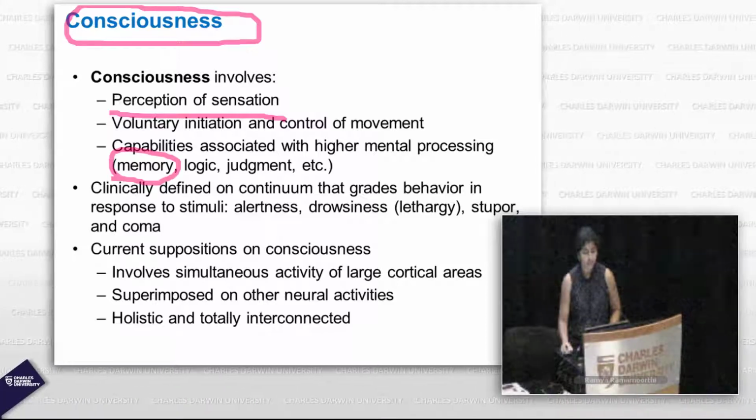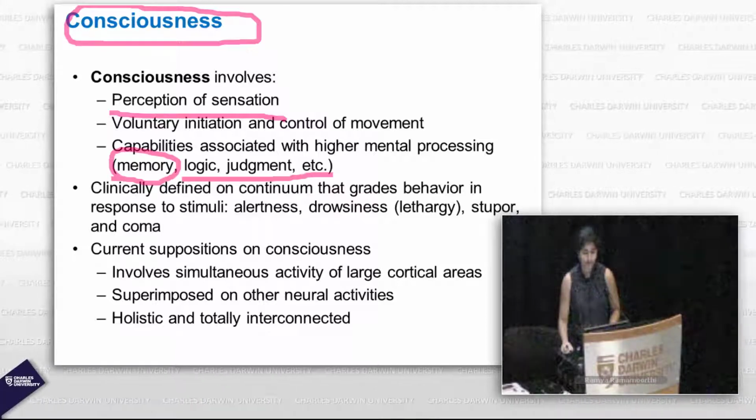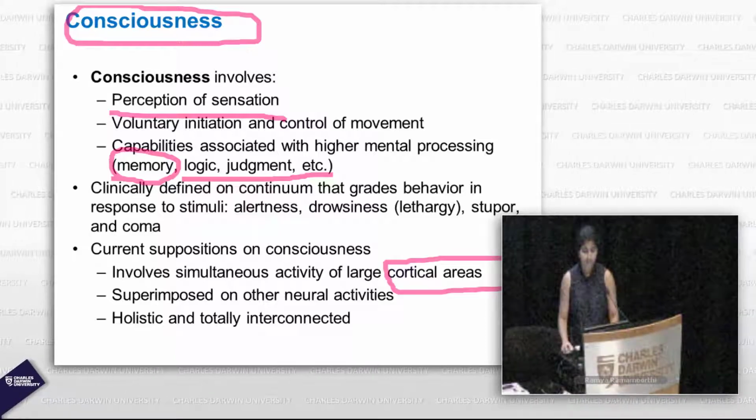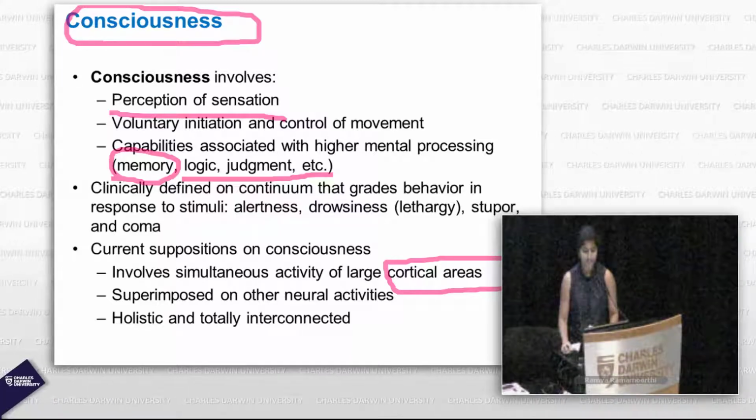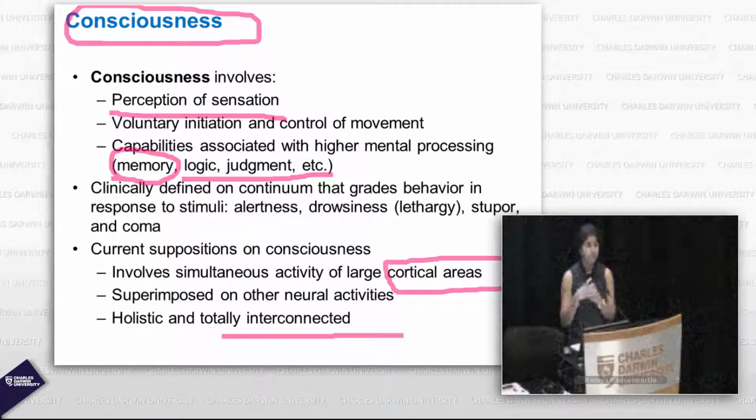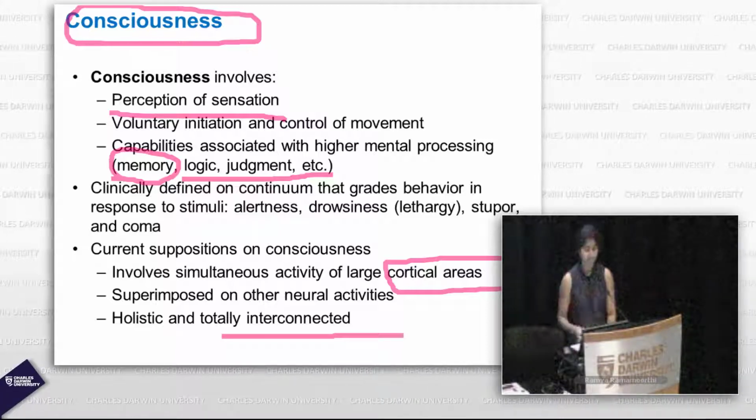This involves lots of different areas in your cortex, or cortical regions. And it's not just the cortex, but various other interconnected centers, for one to be physically active or mentally active as well.